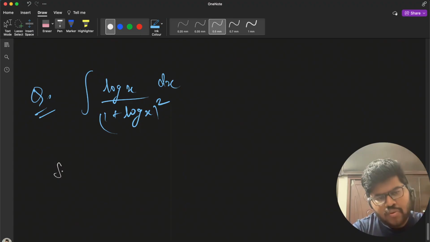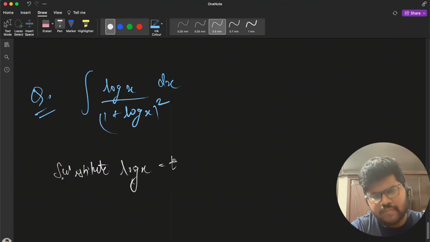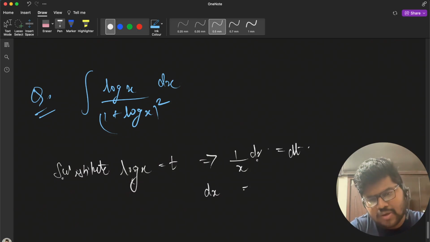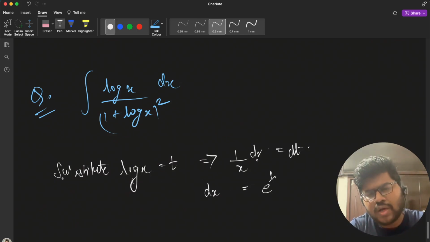So what will we do? We will substitute log x as t. Then we have 1 upon x dx equal to dt. So if I take dx, because we have put log x as t, this is e power log x, and e power log x is e power t dt.